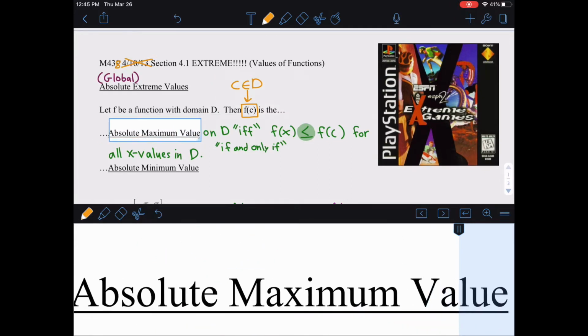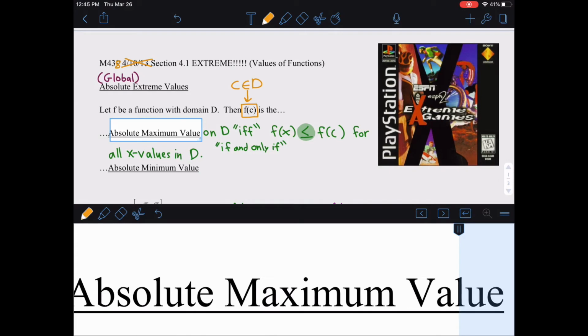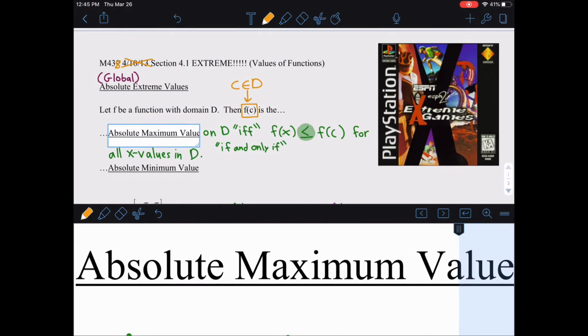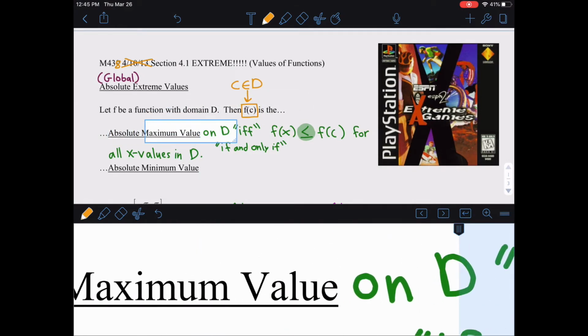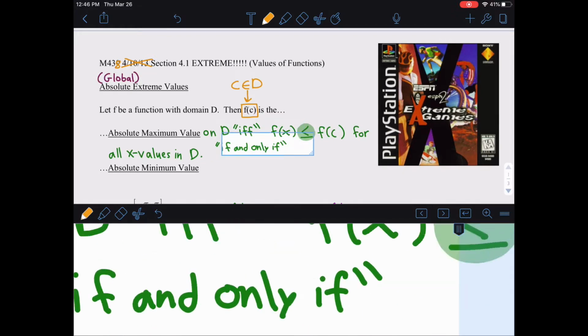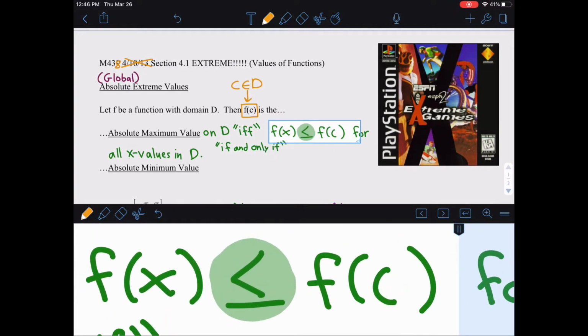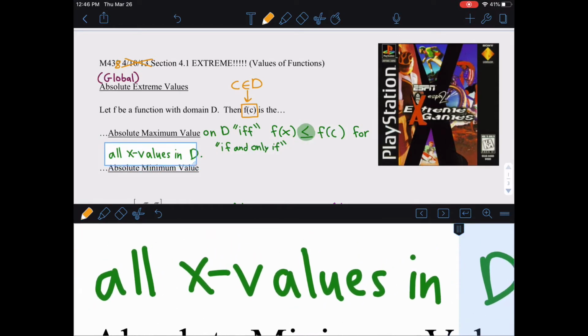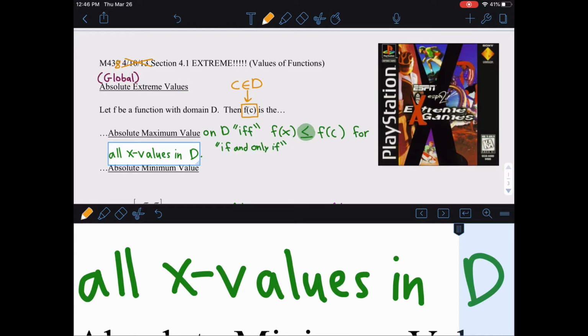So f of c is an absolute maximum value over the domain of this function if, and we use the misspelling iff to mean if and only if, f of x is less than or equal to f of c for all x values in the domain. Let's slow that down for a second.